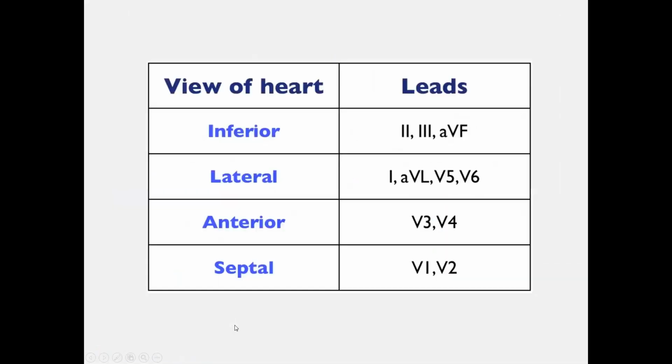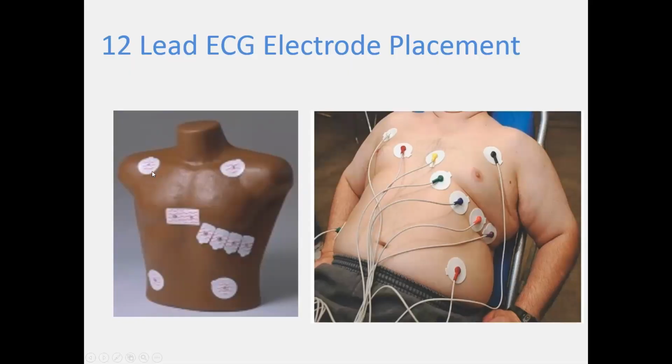Or you could put them here, here, here, and here. So here's white on right, black on left, red heart, green one left over. And then V1, V2, V3, V4, V5, V6. So there's 10 electrodes, but it's looking at the heart from 12 different directions. So you have 12 leads.